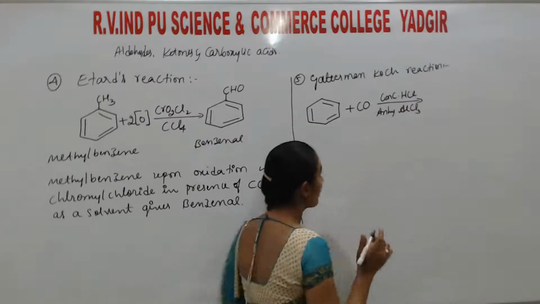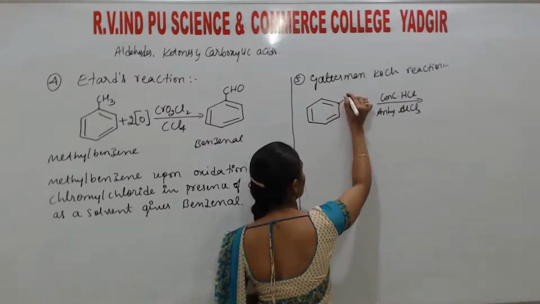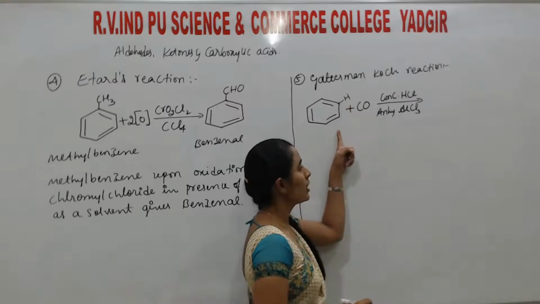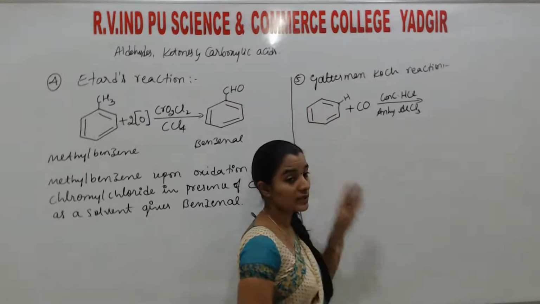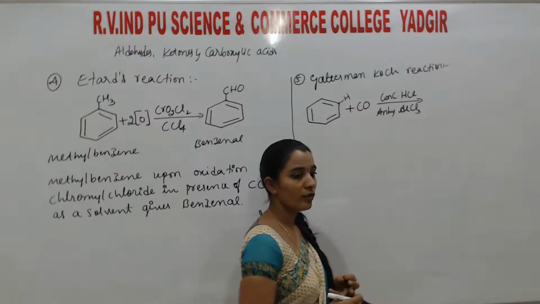Students, remember there is hydrogen on all the carbon atoms, because C6H6 is the formula of benzene.